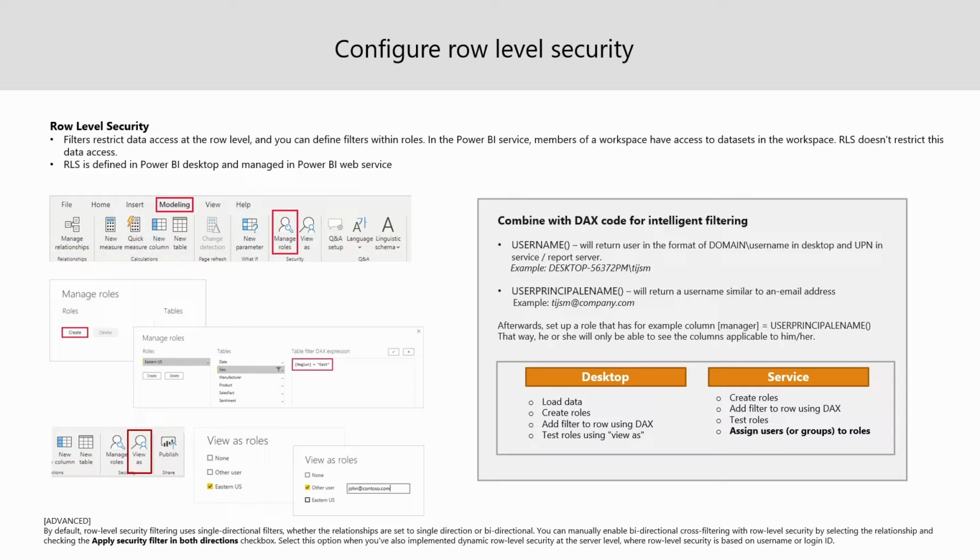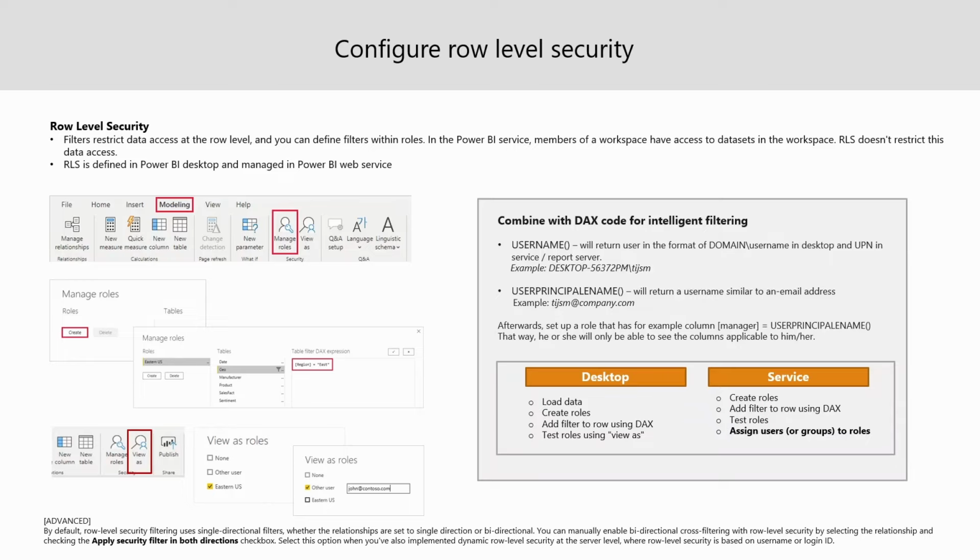All right. USERNAME returns a name with a domain, and USERPRINCIPALNAME looks like an email address. A final thing to note is that you create roles in Desktop and Service, but you assign users or groups to roles in Power BI Service only. So this is not possible in Desktop.